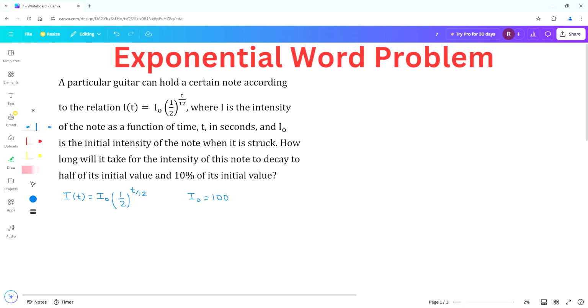So the final value for the first part will be 50, because we have to find the time it will take the note to decay to half of its initial value. We can sub in these values in this equation and find the value of t.